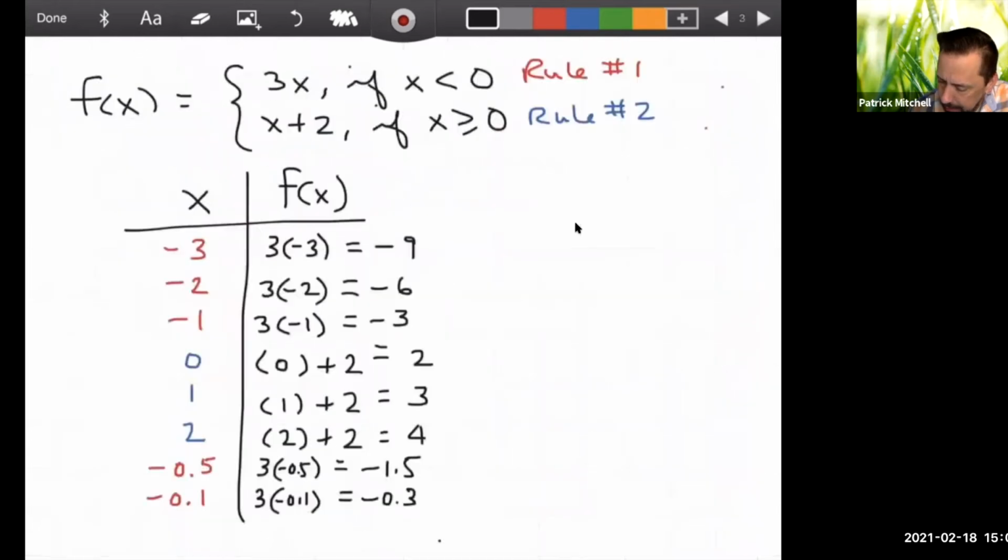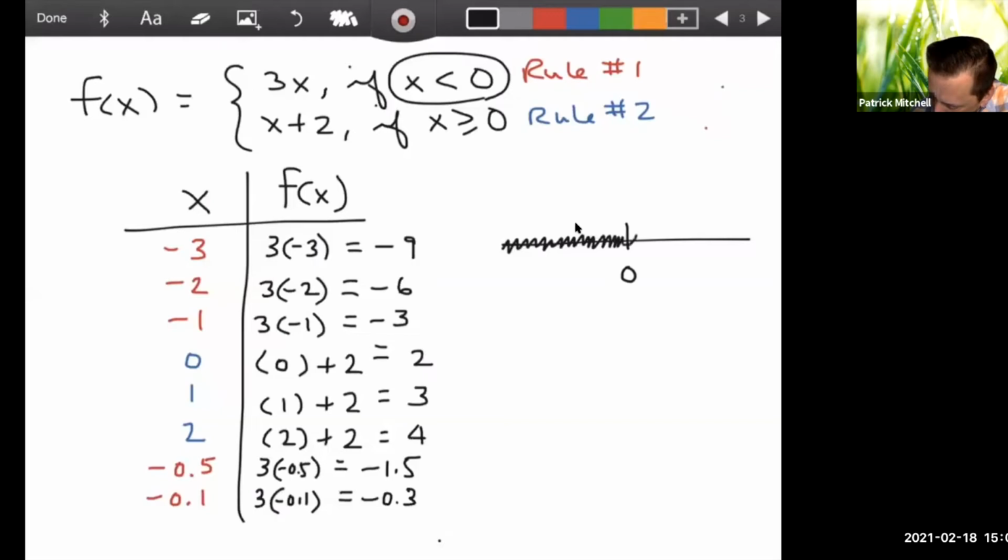Notice that rule number 1 applies for x less than 0, all right? What does x less than 0 look like if you were to plot it on a number line? It's all negative numbers all the way up to, but not including 0. So I need to get as close as I possibly can to that point where x equals 0.